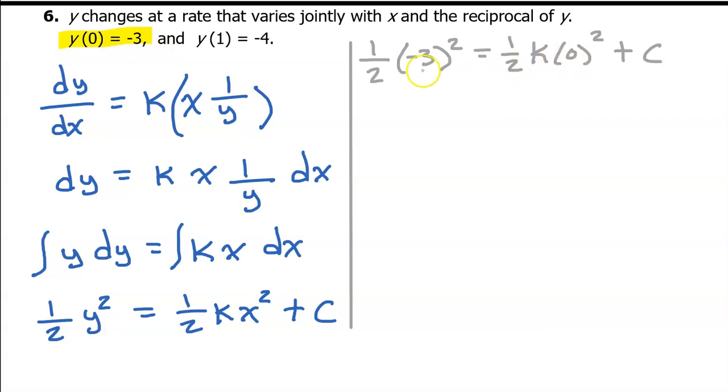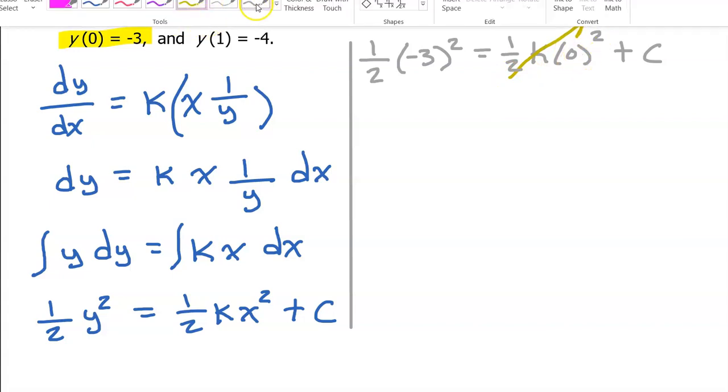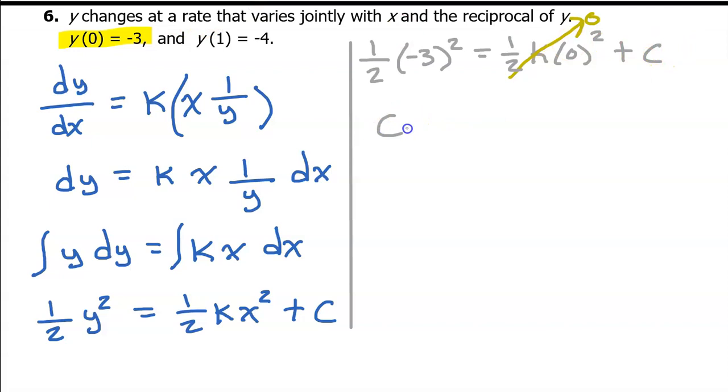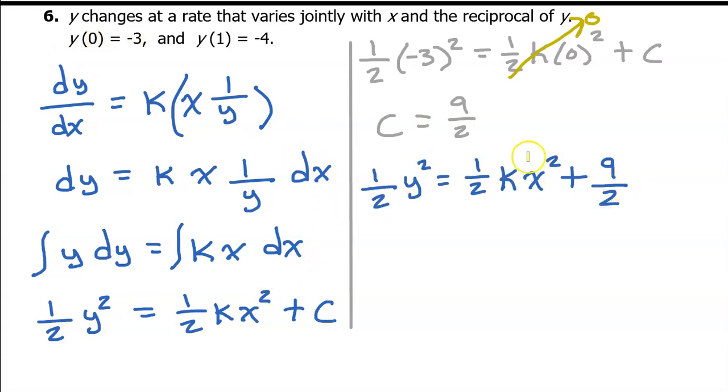Substituting 0 for x and negative 3 for y, we have this. However, this entire term has a value of 0. So that gives us c is equal to all of this, which is 9 divided by 2. Substituting c back into the equation, we have this.